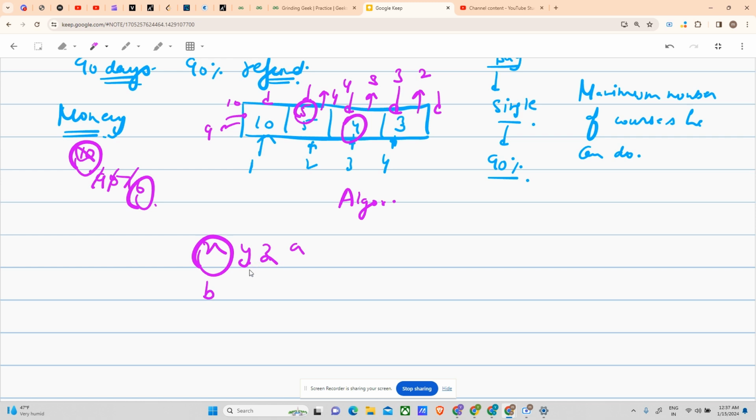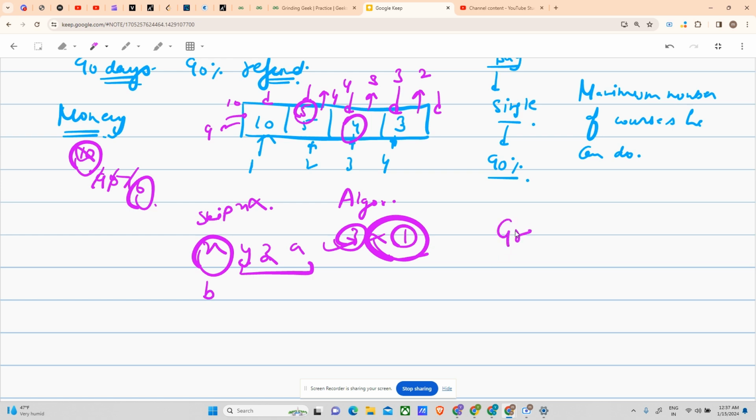But it might be the case that in this situation, if you skip X, if you don't buy it, then you can buy all these courses. In that case, the answer will be 3, not 1.